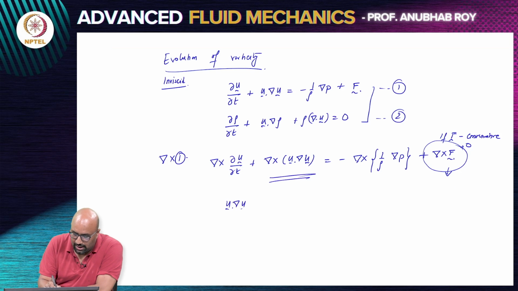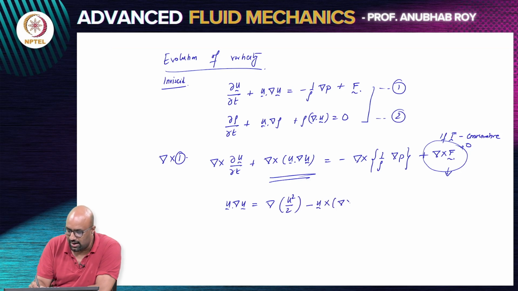So, u dot del u, again I am going to use vector calculus identities, some of these we have used in tensors earlier. This can be written as del of u square by 2 minus u cross del cross u.